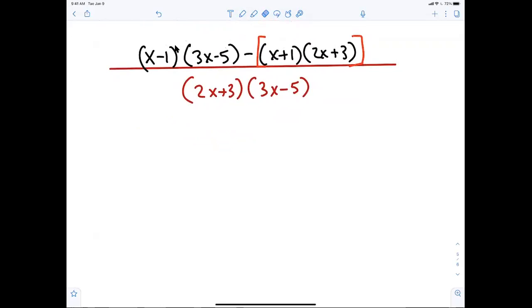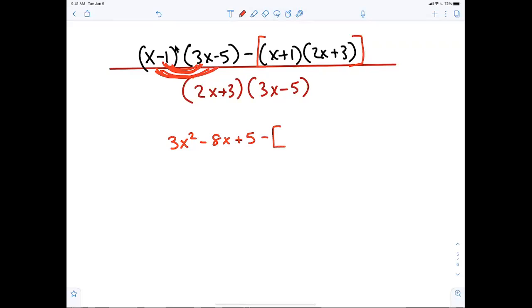All right, so here we go now. X times 3x, 3x squared. All right, come on now. Mental math, how much is this? Negative 3. And this is negative 5x. So altogether, negative 3x and negative 5x is negative 8x. And then plus 5.